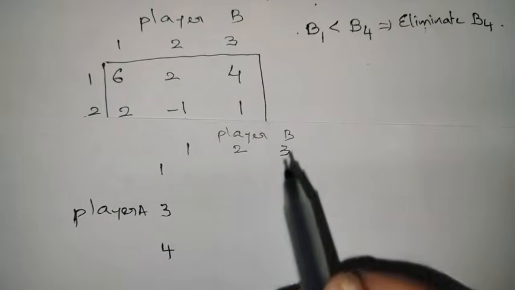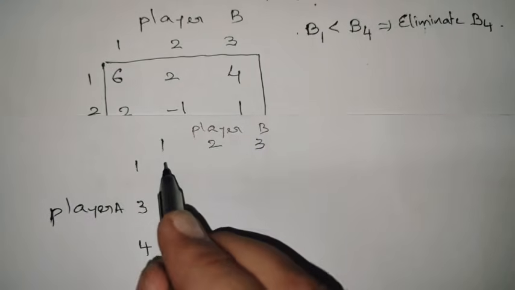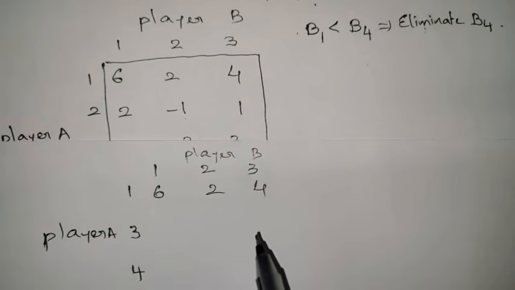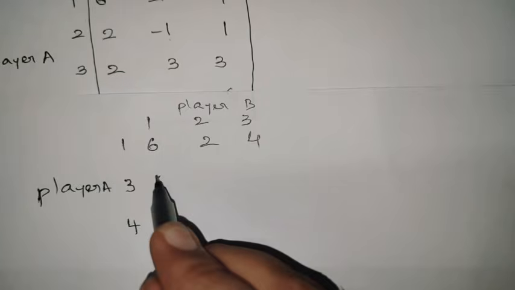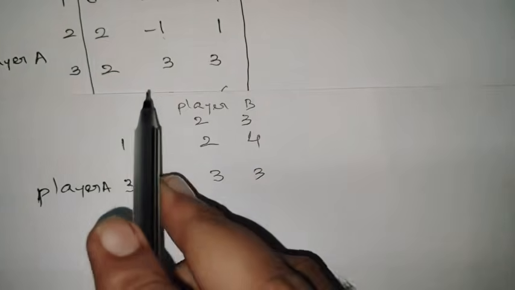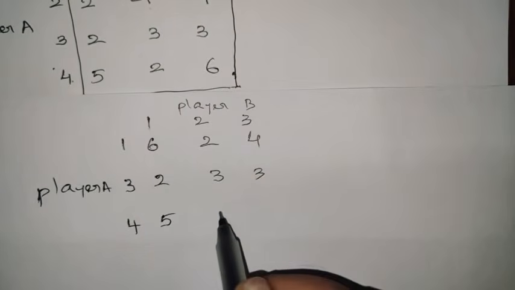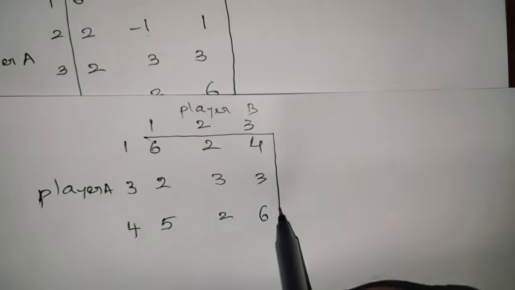So now write the values. First row 6, 2, 4. Third row 2, 3, 3. Fourth row 5, 2, 6. So now this is the reduced payoff matrix.